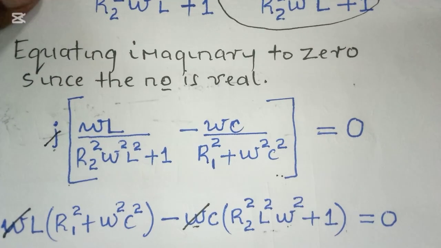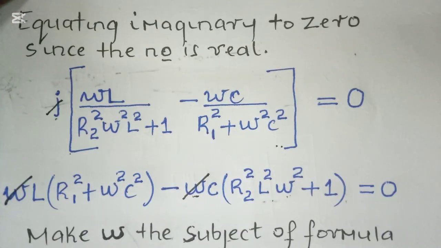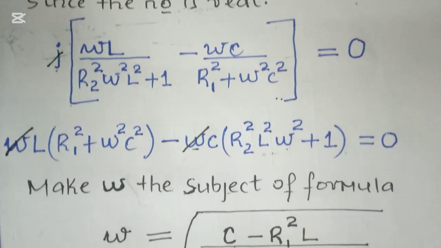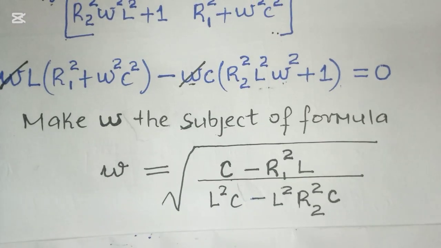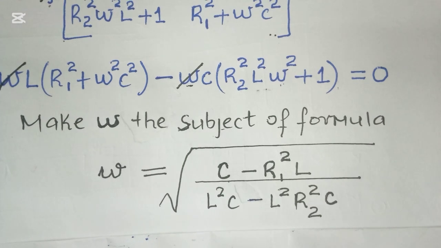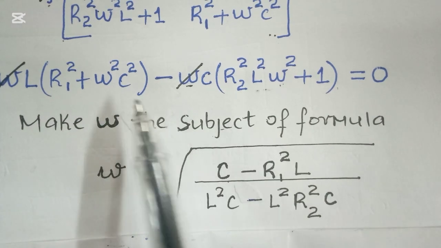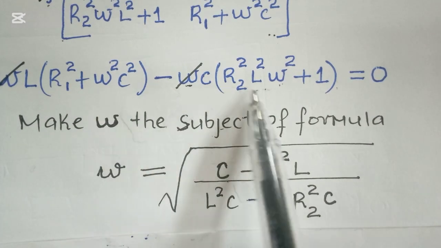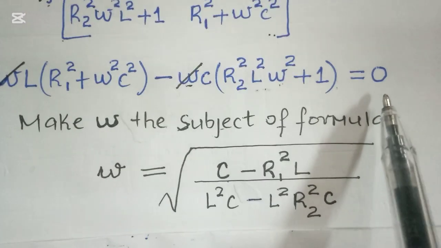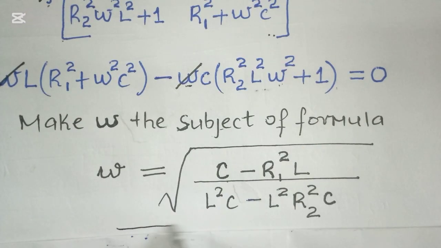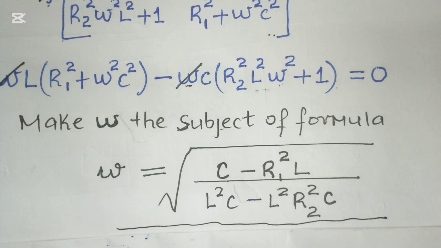Making it the subject of the formula, this is what we get. We have our equation right here. I believe you can be able to make W the subject of the formula having this equation. So when we do that, this is what we get as our solution.